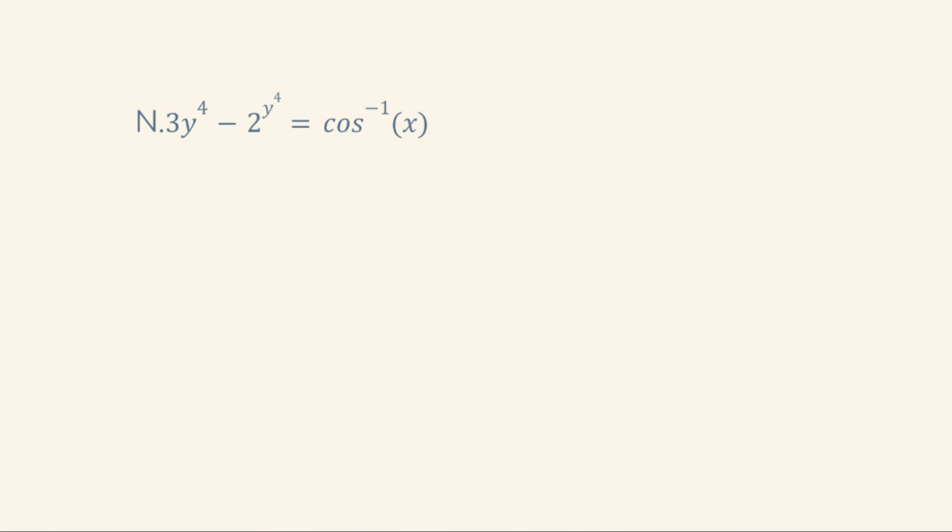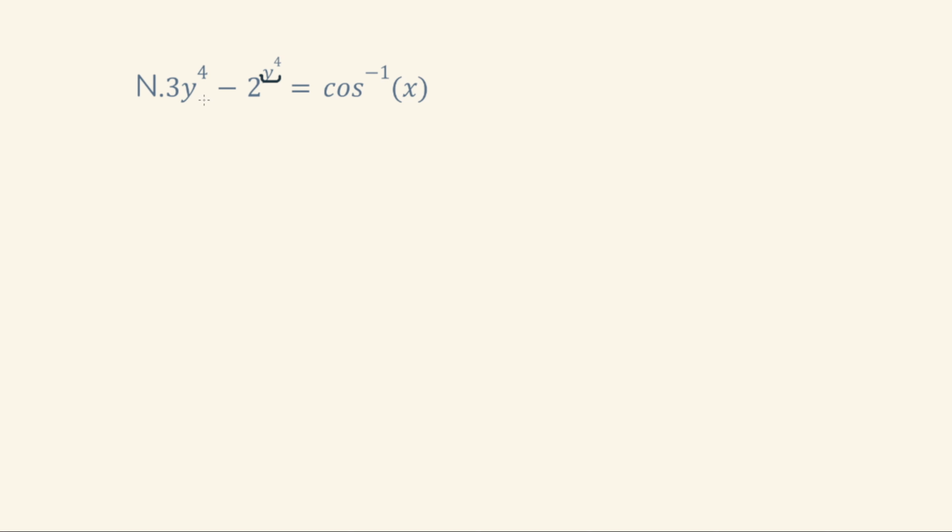Now over here we've got n, and there's really nothing too bad about this question except for this kind of chain rule thing in the exponent, okay? But let's just jump into it and see what happens, right?